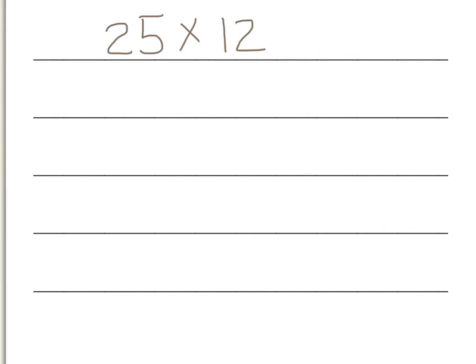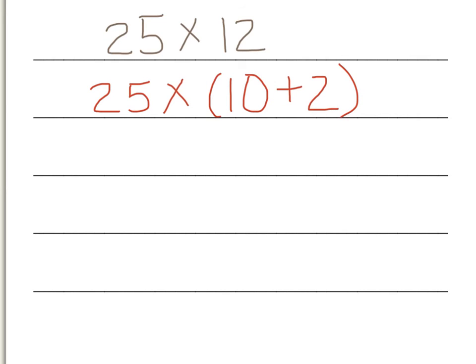I could also say 25 times 10 plus 2. Now I hope you see my 12 is the same as 10 plus 2. Now I can distribute my 25 out with the distributive property.